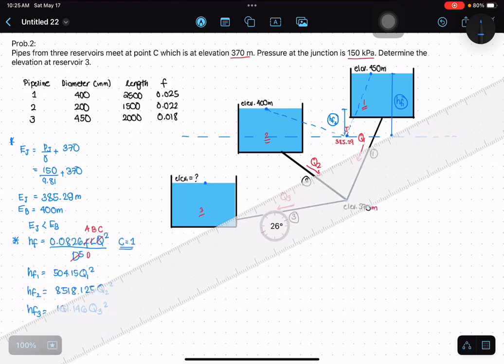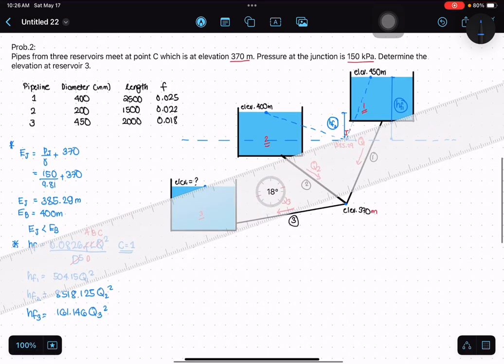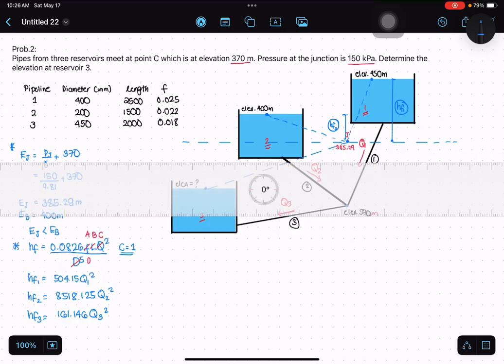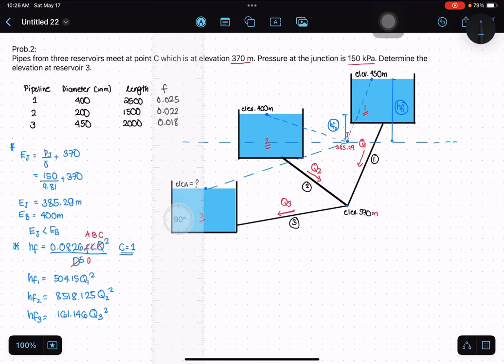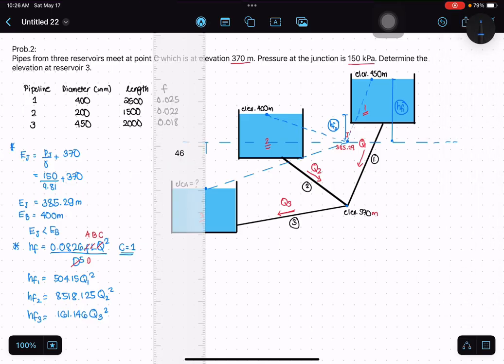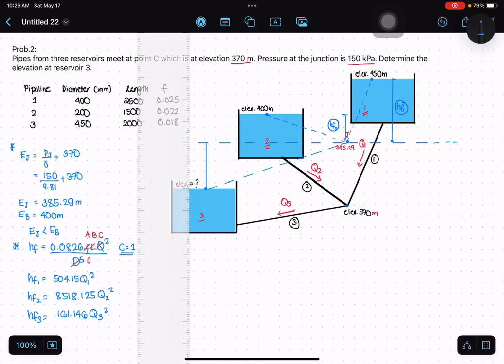Then, we do the same dito naman sa ating pinakamababa na reservoir. So, connect natin yan. And then, this one will be our HF3.